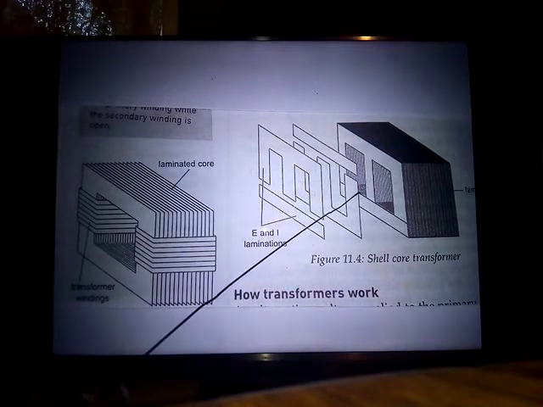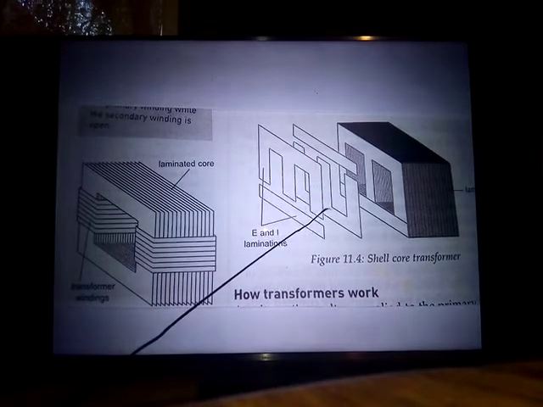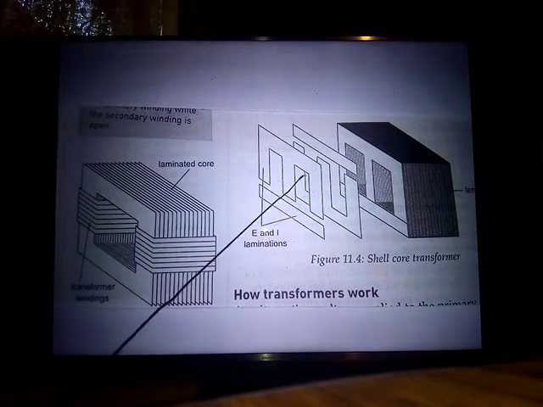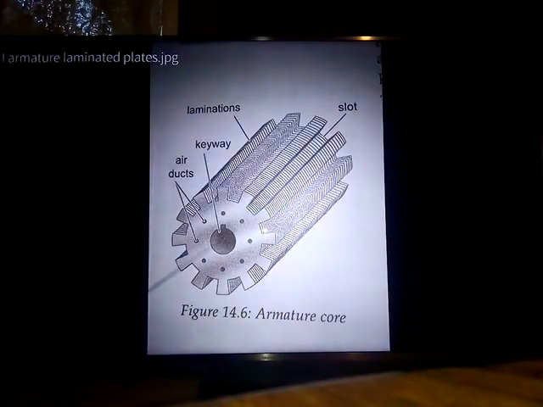It has got blades, thin slices of blades, laminated blades. Even the blades of our armature core are the same as this. They are laminated, but the shape is different, but they are the same blades. When we talk about blades, we're talking about that.